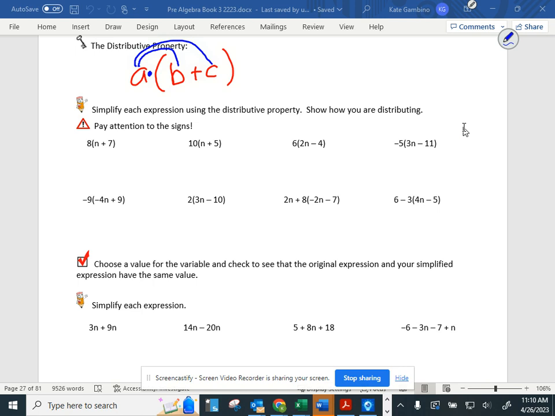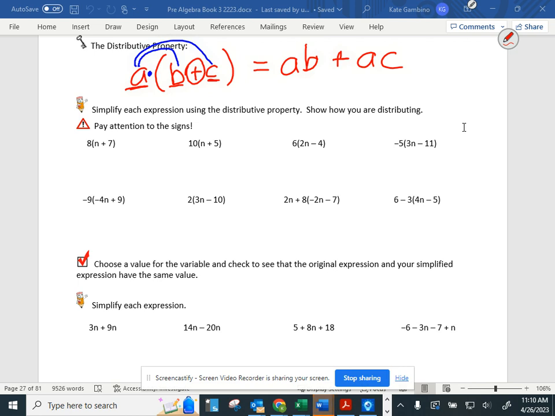That's how we can take away parentheses. So it's going to look like this: AB plus AC. Because we're multiplying that A with the B, and the A with the C. And that operation in the middle stays the same. We were adding in the middle here, so we're going to have that adding there.